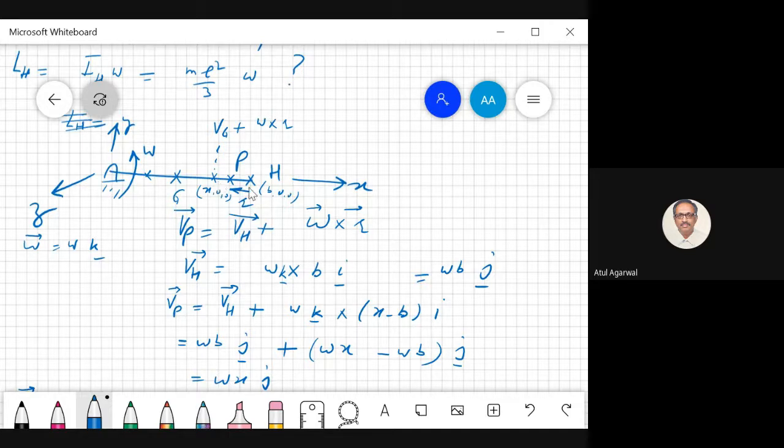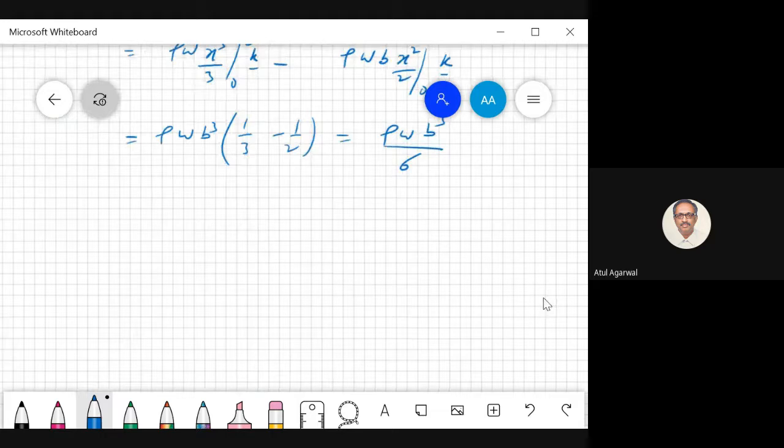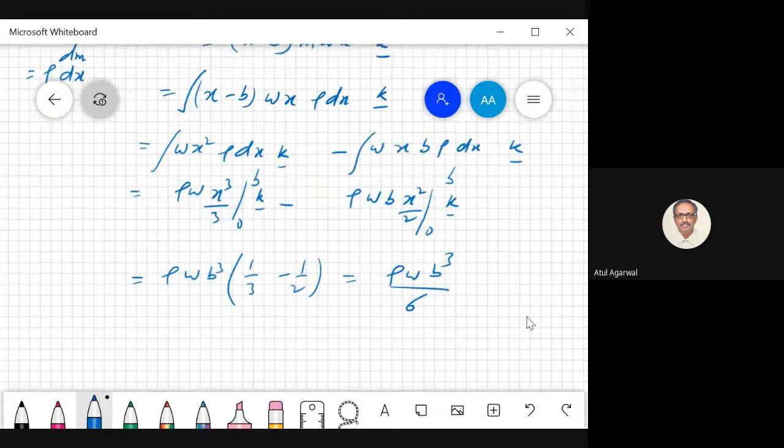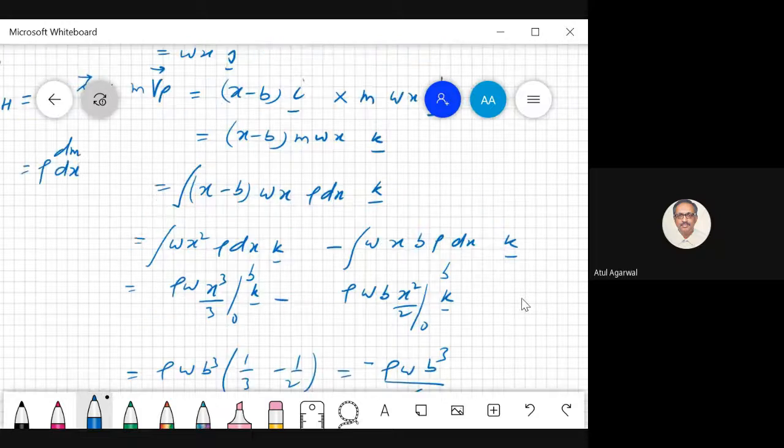This distance is x minus b. So there is a negative sign. Why is there a negative sign? Anybody?